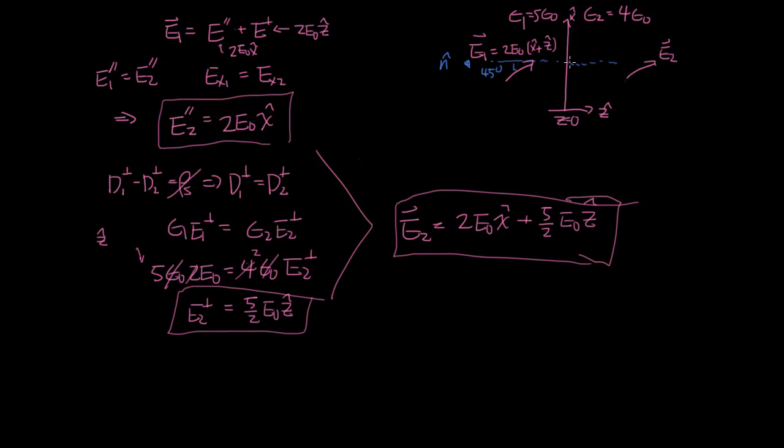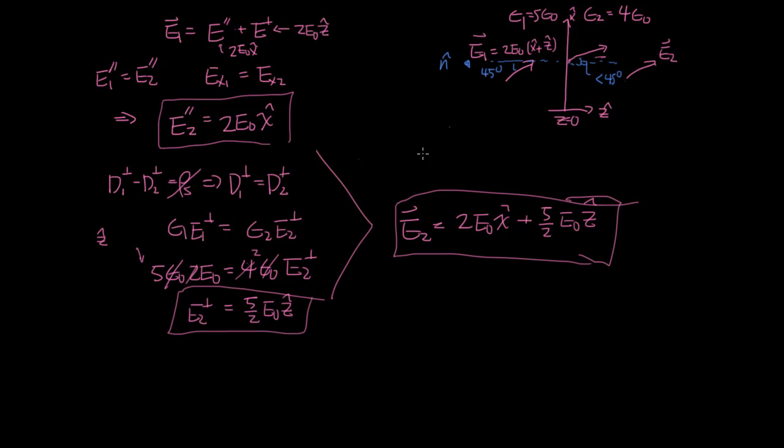So if I were to exaggerate, the tangential part stayed the same, but the normal component increased a little bit. So the field bent this way a little, right? The main thing I wanted you to see is, is this greater or less than 45 degrees? It ends up being slightly less than 45 degrees, right?